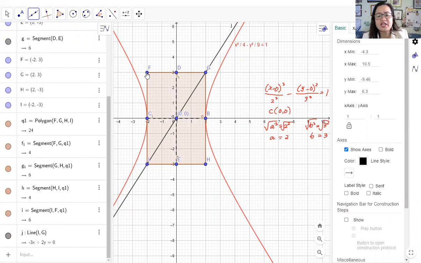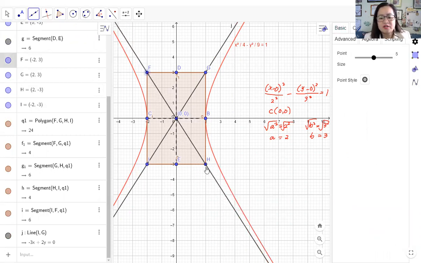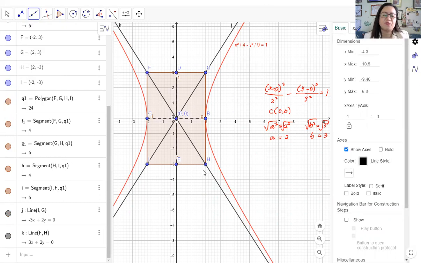Now we also do the same to the other vertex of the rectangle. So we were able to form the X lines. So we have the asymptotes of the given hyperbola, having an equation of negative 3x plus 2y equals 0 and 3x plus 2y equals 0.